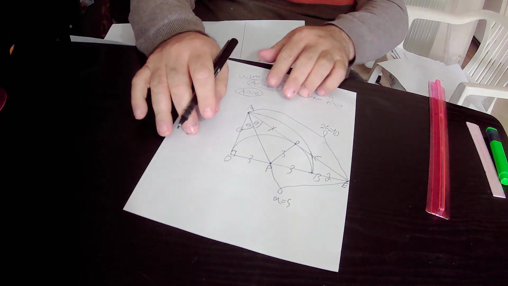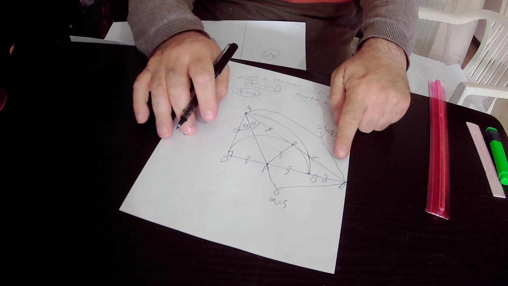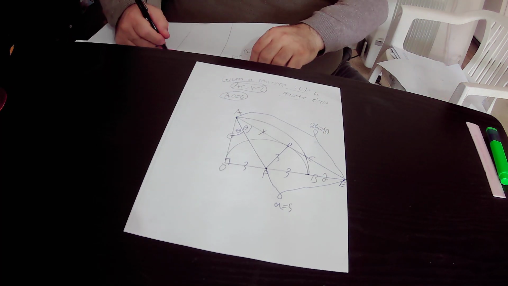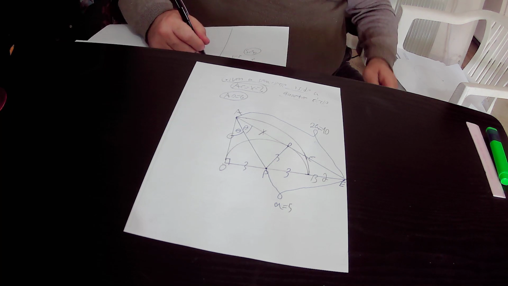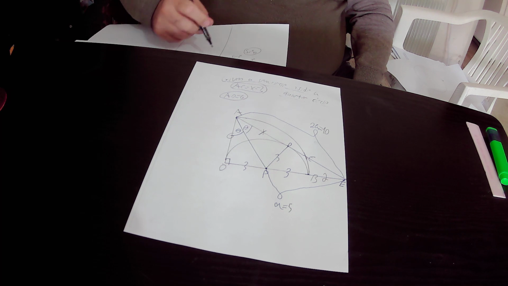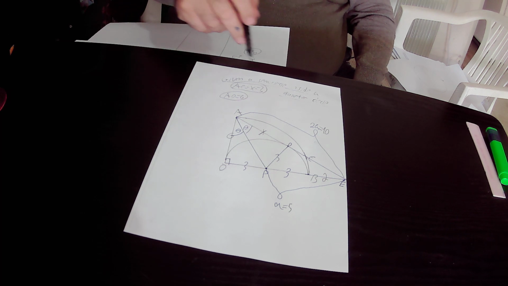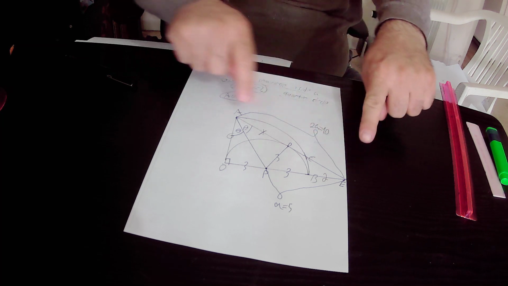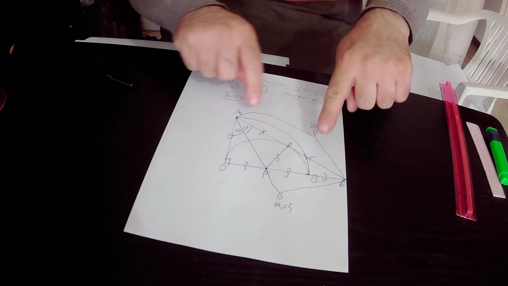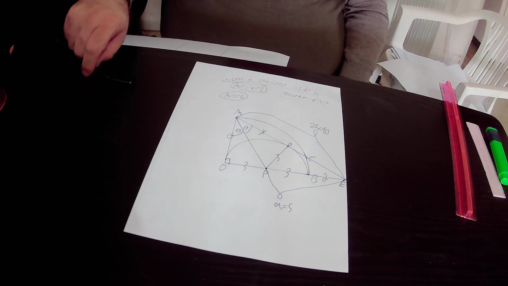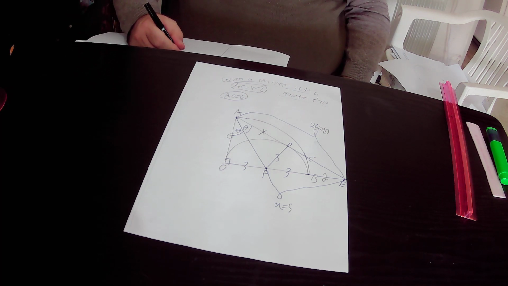And what is the length of line segment CE? It is very easy to see from the drawing that the length of line segment CE is equal to AE minus AC. Again, AE minus AC equals CE.